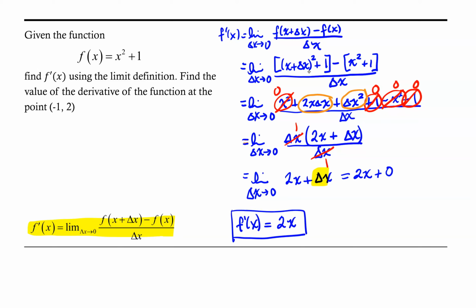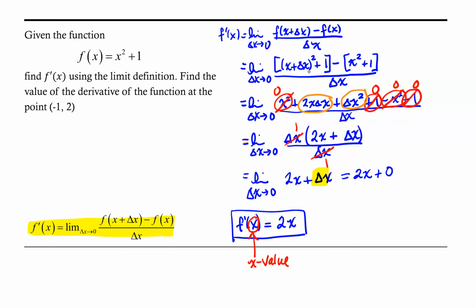equal to 2x. Now we are also asked to find the value of the derivative of the function at the point (-1, 2). Now as I look at my derivative, notice that the input for a derivative function is an x value.